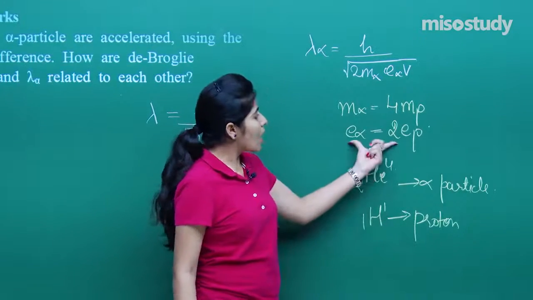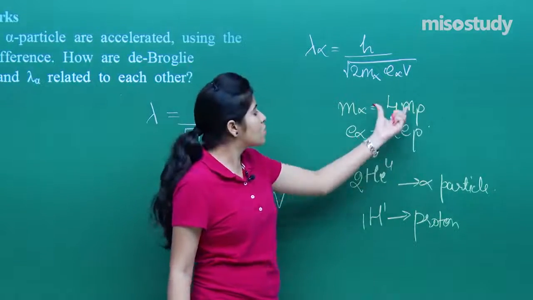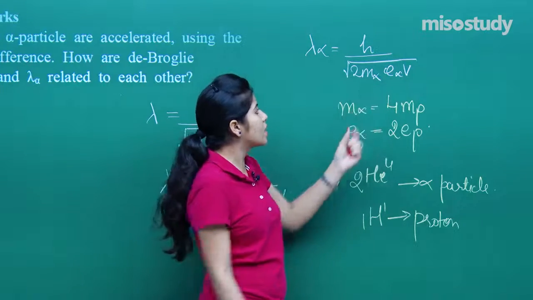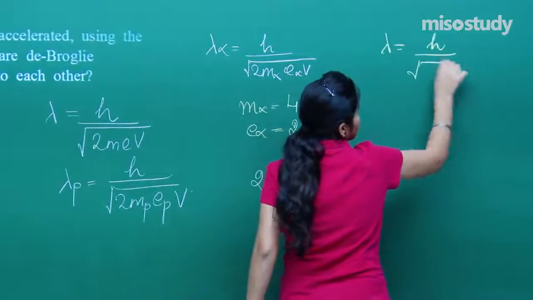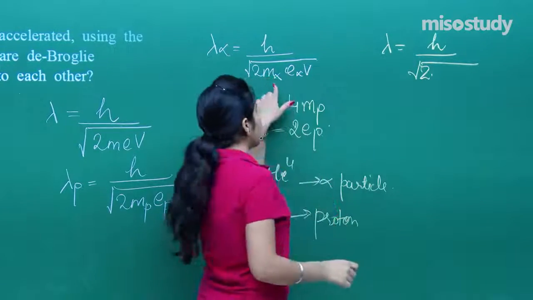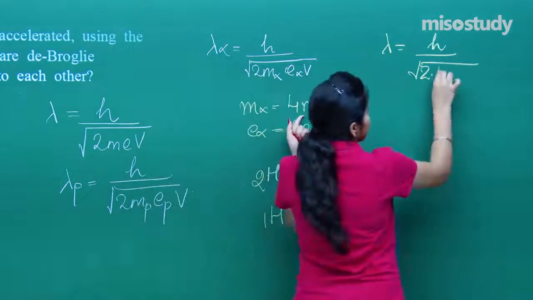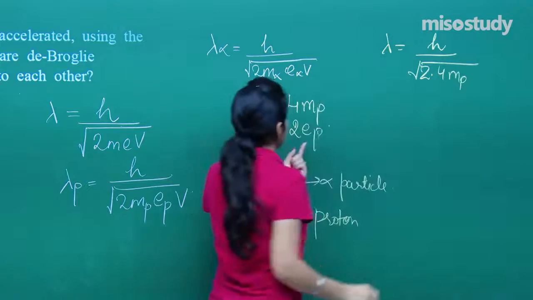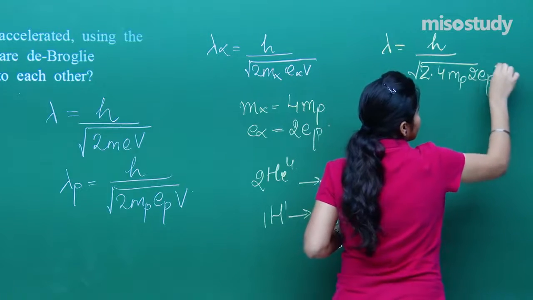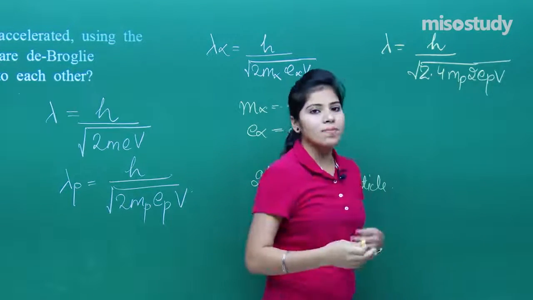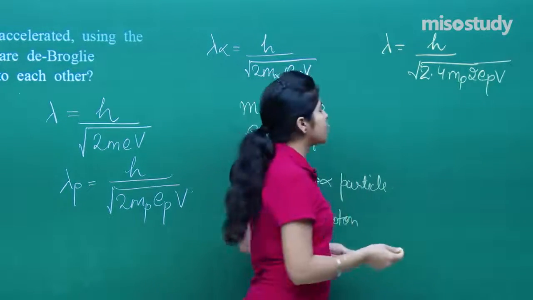Now we are having this relation with us, you can put this value of m alpha and e alpha into this equation. So we will be having lambda equals h upon under root 2 into m alpha is 4 mp, e alpha is 2 into ep, and V is same, because we are applying the same potential difference.